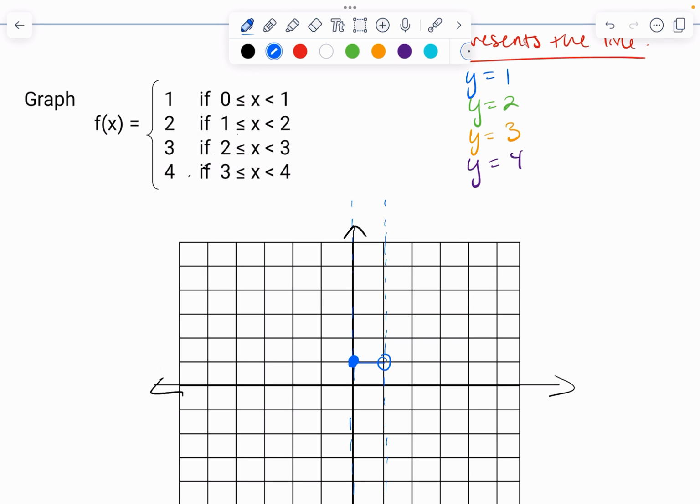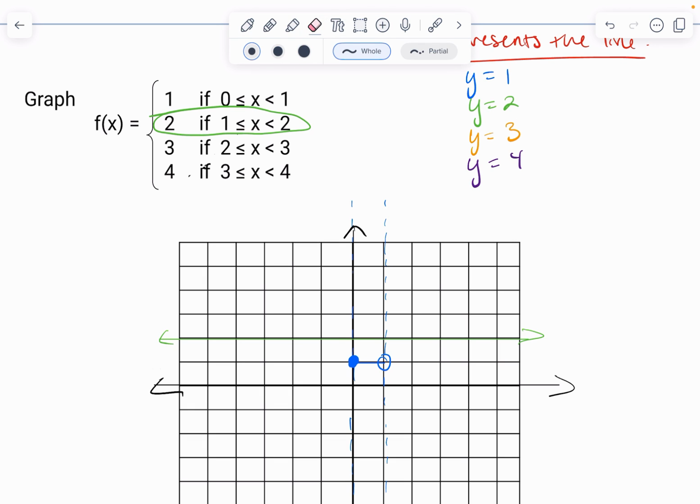Now I'm going to look at y equals 2. Okay, we know that's going to be a horizontal line all the way through where every y value is equal to 2. But we want to restrict that to values of x that are between 1 and 2, where 1 is included and 2 is not.